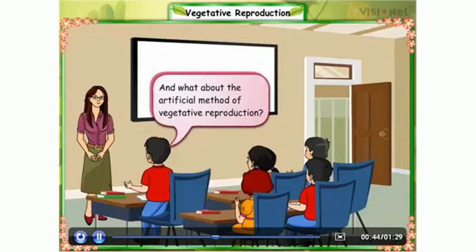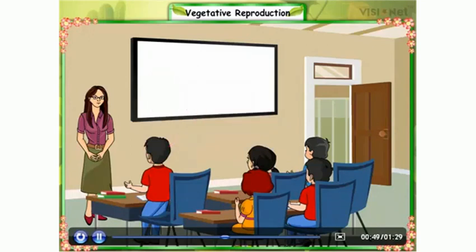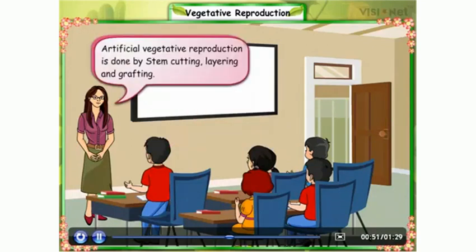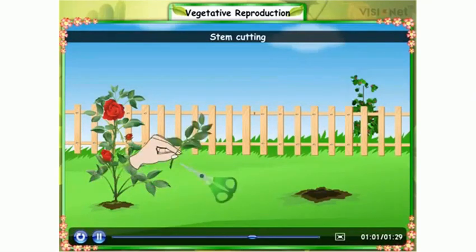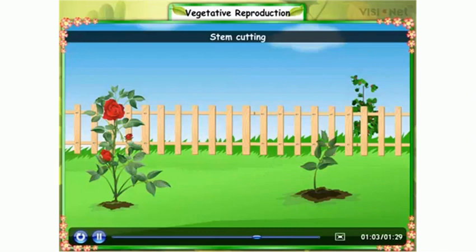And what about the artificial method of vegetative reproduction? Artificial vegetative reproduction is done by stem cutting, layering and grafting. Stem cutting. The stems of plants like rose are cut bearing a bud. These are planted in soil to get new plants.